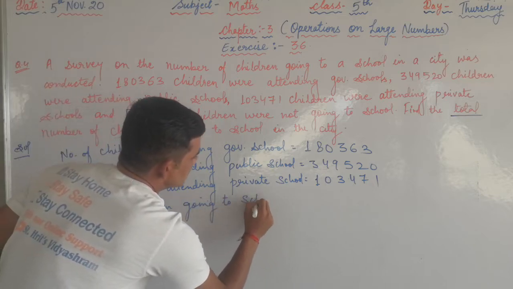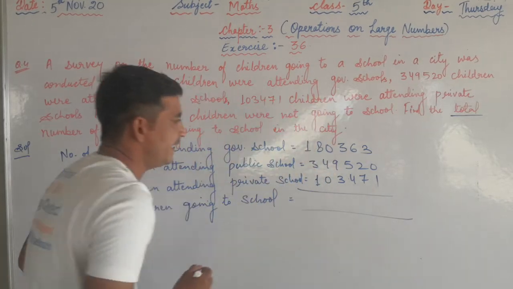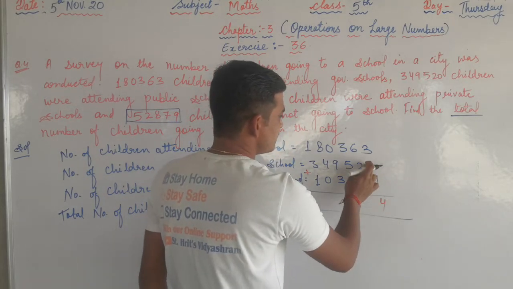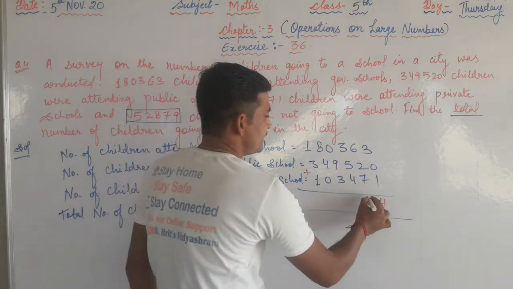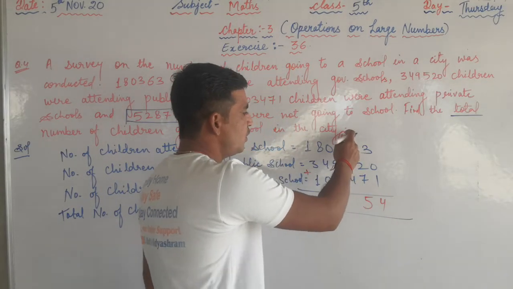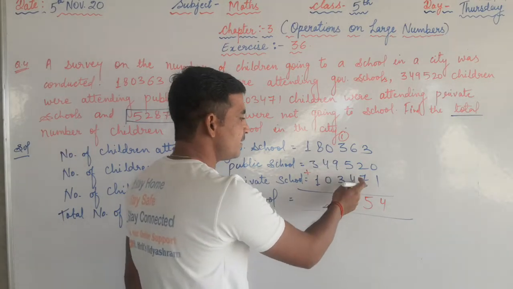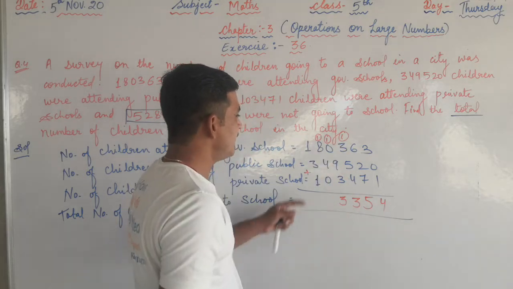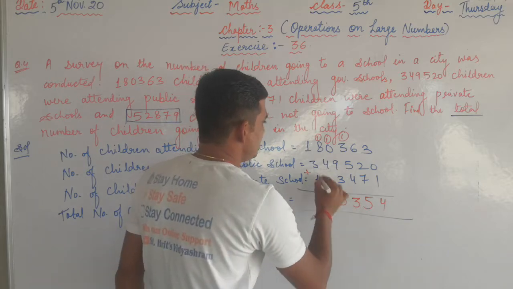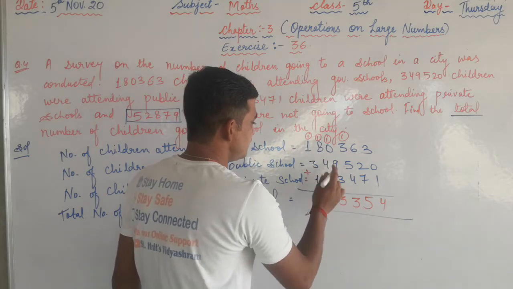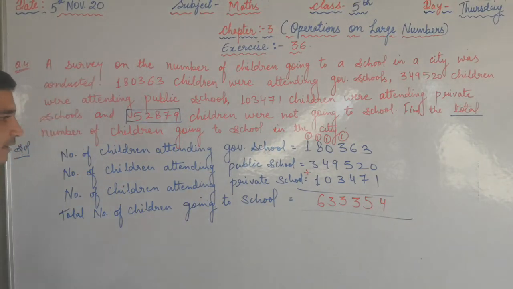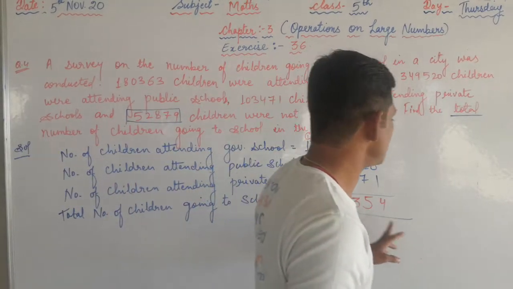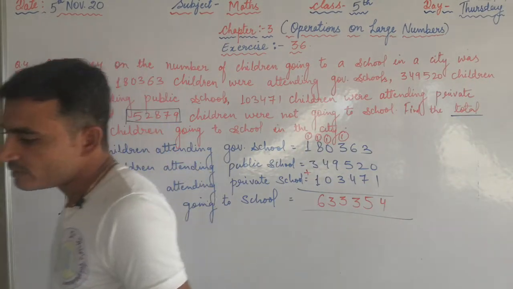Now see what you have to do: add these three data. 3 plus 1 is 4, 7 plus 2 is 9, 9 plus 6 is 15, 5 carry 1, 3 plus 1 is 4, 4 plus 4, 4 plus 5 is 9, 9 plus 4 is 13, 3 carry 1, 9 plus 1 is 10, 10 plus 3 is 13, 3 carry 1, 8 plus 1 is 9, 9 plus 4 is 13, 3 carry 1, 1 plus 2 is 3, 3 plus 3 is 6. The total number of children going to school is 6,33,354.